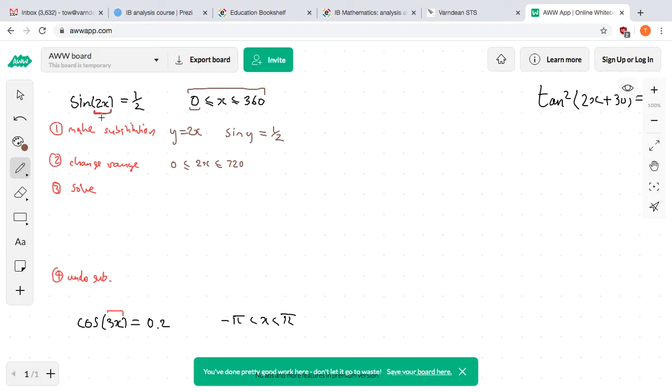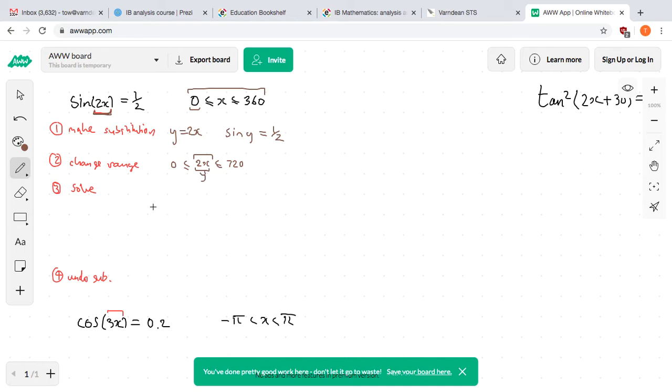So as long as what was in here, 2x, is now here, 2x, you know you've done it right. So you can see a 2x there, you've got a 2x there, you've got your right range, times everything by 2. And this is of course also equal to y now, because we said y is 2x.